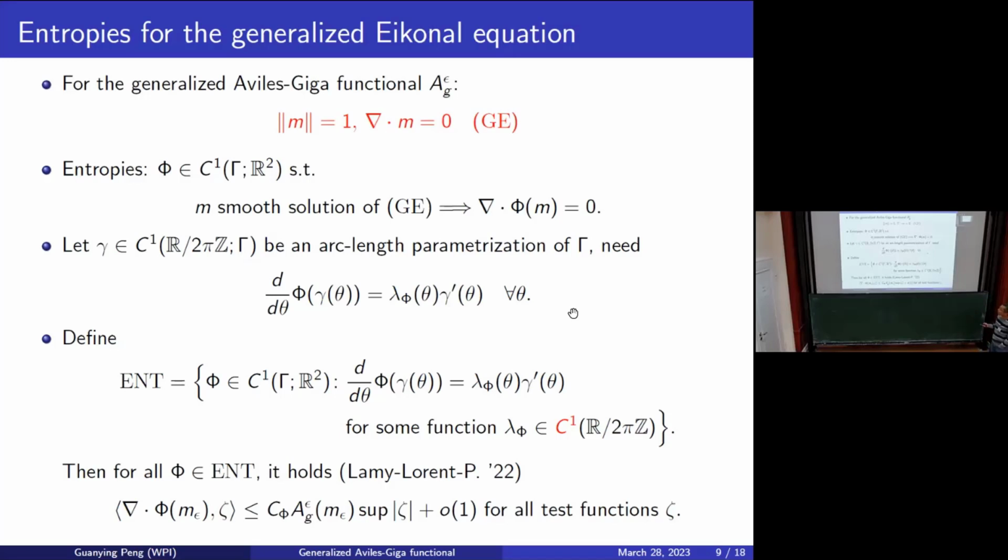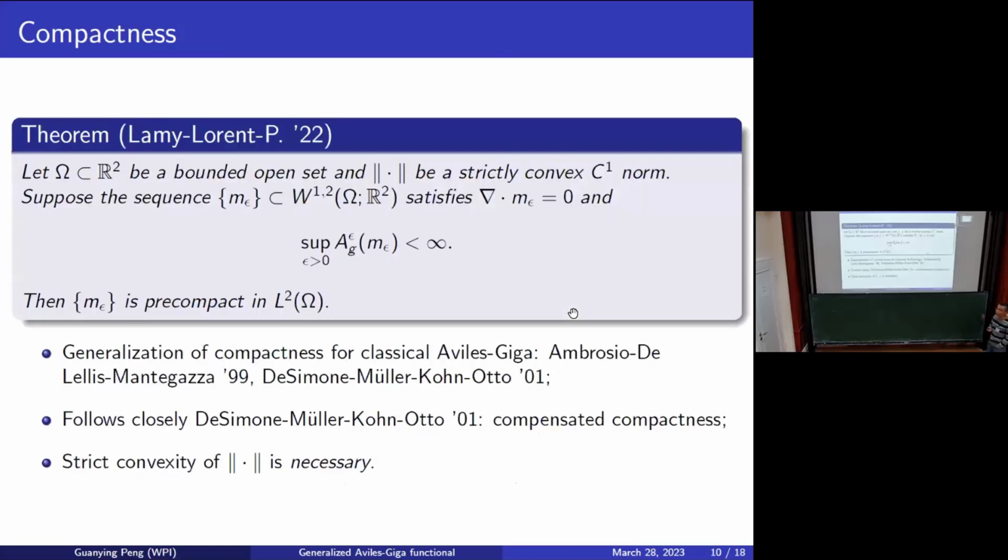Okay, so now with the help of this appropriate class of entropies and this important connection between entropy productions and the generalized Aviles-Giga energy, first, we're able to show the following compactness result. This is essentially similar to what Ambrosio, De Lellis, Mantegazza, and Desimone, Muller, Kohn, and Otto proved for the classical Aviles-Giga functional.